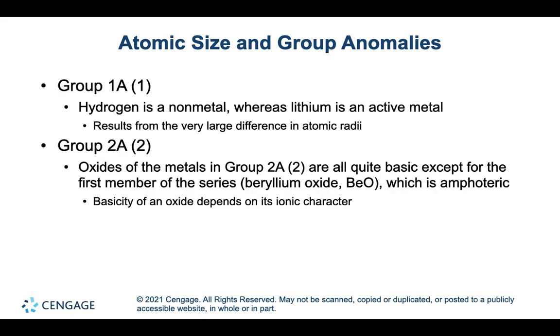And that's because atomic size is more different as you go down the chart in the top part of the chart than it is in the bottom part of the chart. And so this means that we see more variation in properties between elements in the same group that are at the top of the chart than we do at the bottom of the chart.